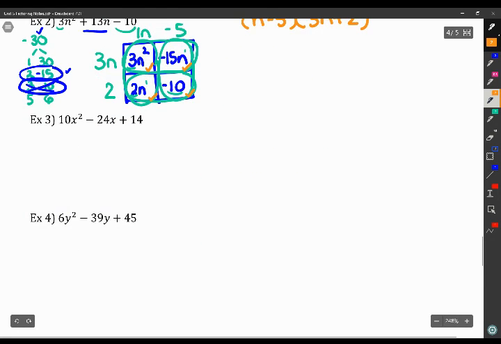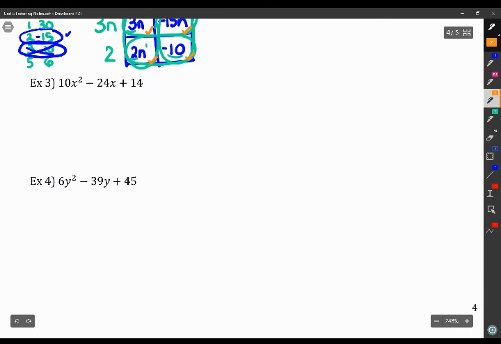Looking at example 3. First step again. Is it in standard form? So it goes 2, 1, constant, so we're good. The next thing we do is look to see, is there a number that divides into 10, 24, and 14? So as I look at my factors of 10, I have 1 and 10, 2 and 5, and that's it.